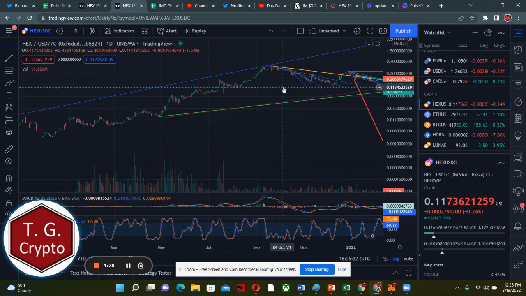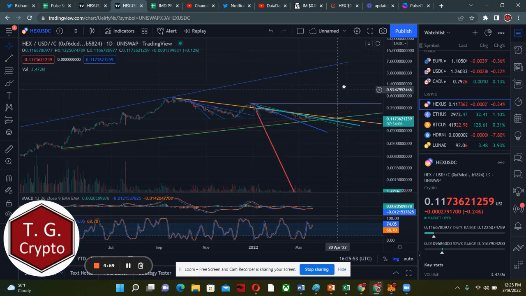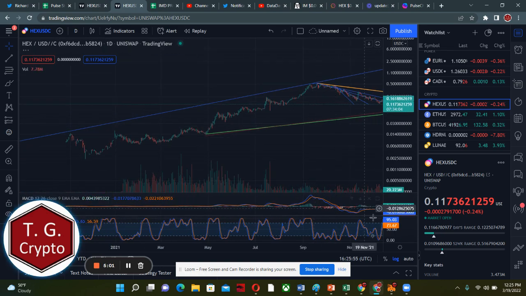But Hex has normal, healthy, logarithmic growth when it does grow. When we get out to June of this year, it's usually within this range, 34 cents to $6. Wow. We'll come back and look at that some more.